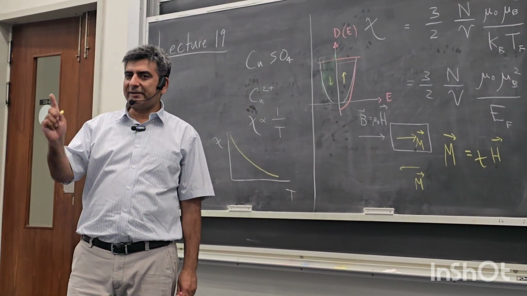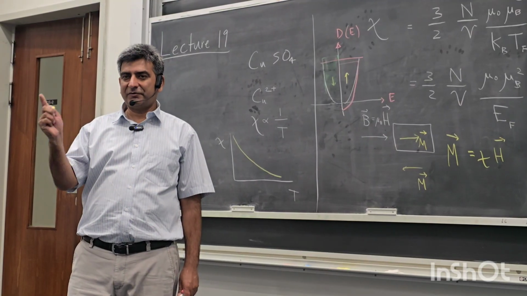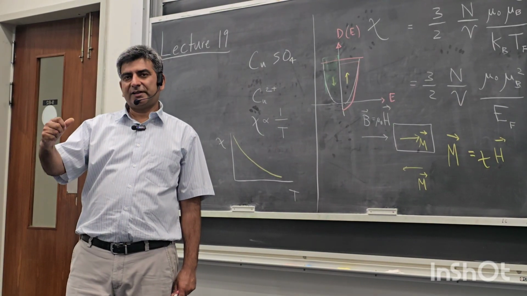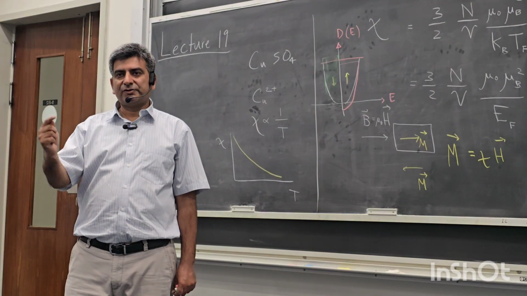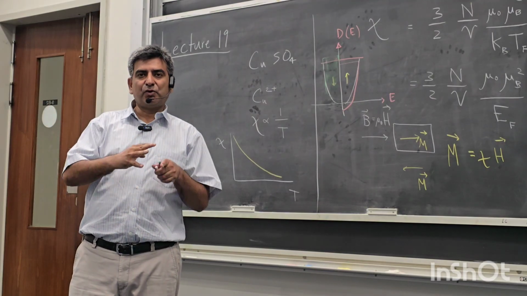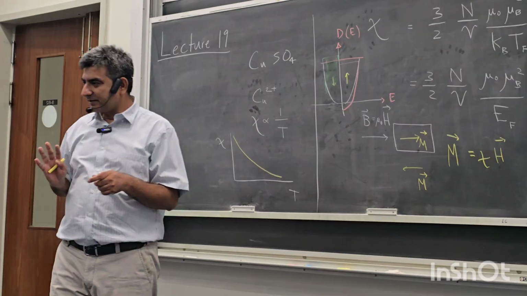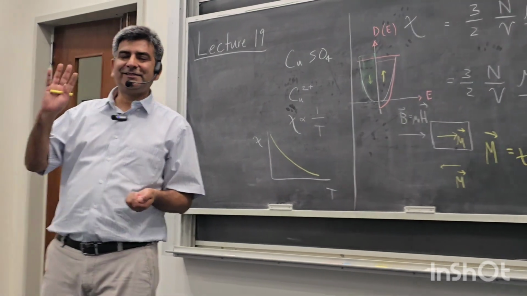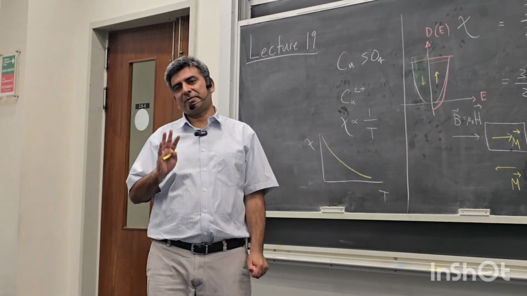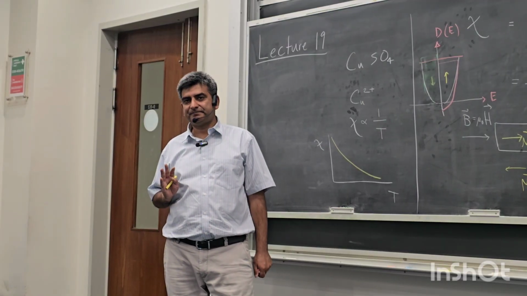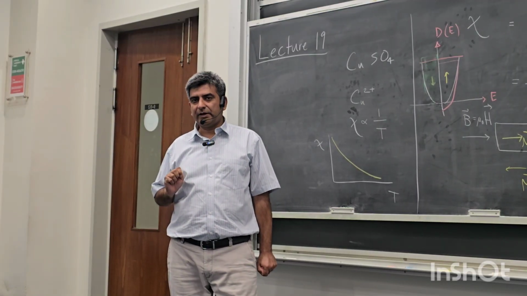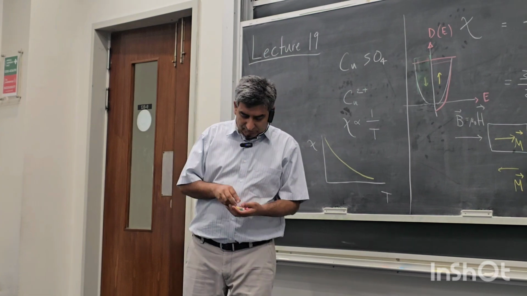When a field is applied, the electrons will start revolving around the field in a direction such that the magnetic field created by the orbital motion of the electrons is going to oppose the applied field. So magnetization develops opposite to the applied field. This phenomenon is called diamagnetism. Okay?